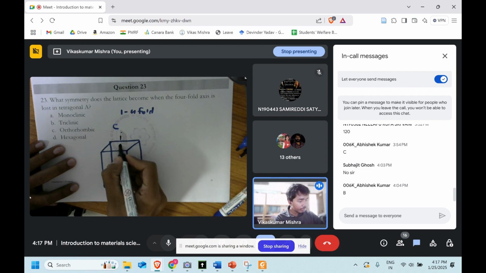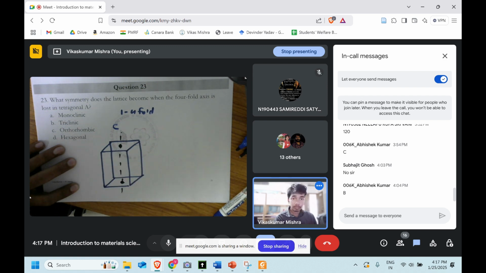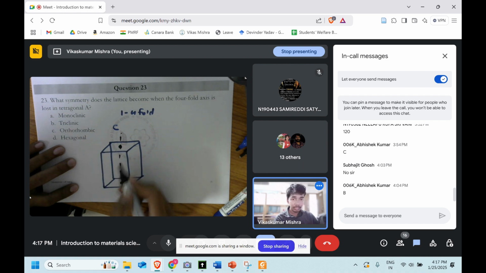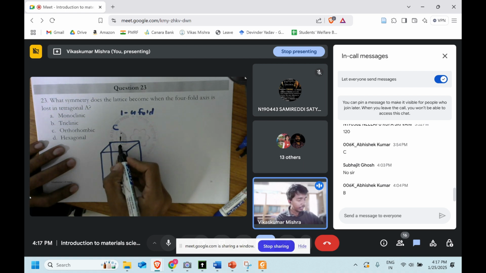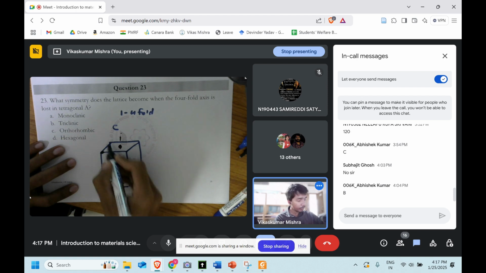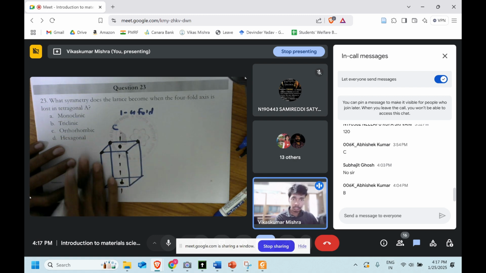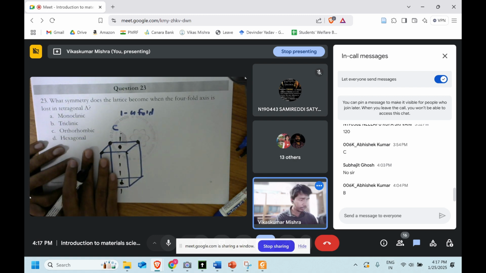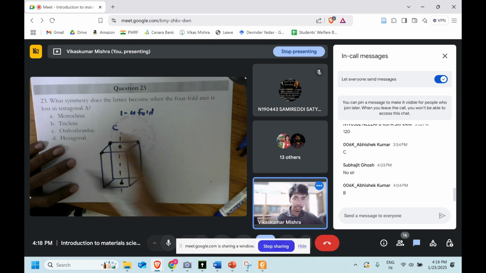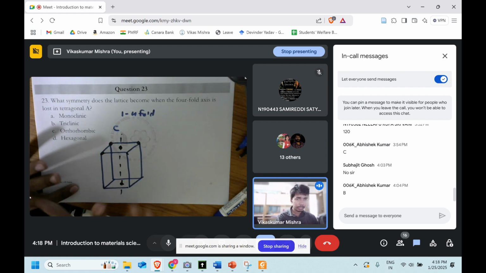The lattice point is at this point and this point. If I rotate by 90 degrees, it will remain as it is, no problem. All these points will rotate to this, to this. The initial symmetry and the final symmetry will remain as it is. It's like the initial object and the final object will remain the same.